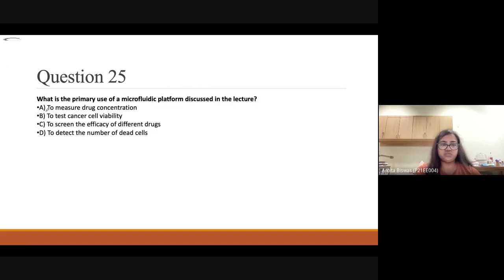So next, moving toward question number 25. What is the primary use of a microfluidic platform discussed in the lecture? First option is to measure the drug concentration. The second option is to test the cancer cell viability. And the third option is to screen the efficacy of different drugs. The fourth option is to detect the number of dead cells.